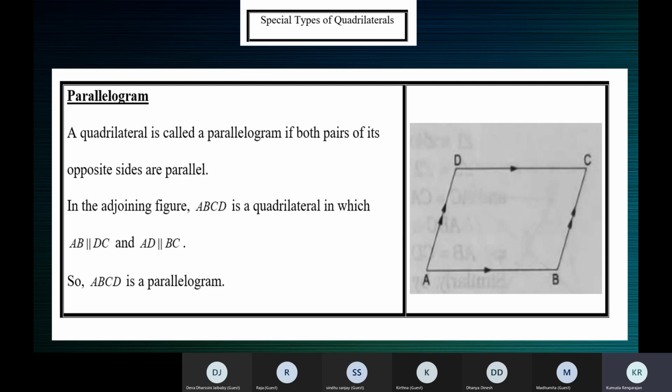AD is equal to 8 centimeters. Find AB. Now you can find this. I've given you the perimeter is 40 centimeters. AD is 8 centimeters. Find AB.